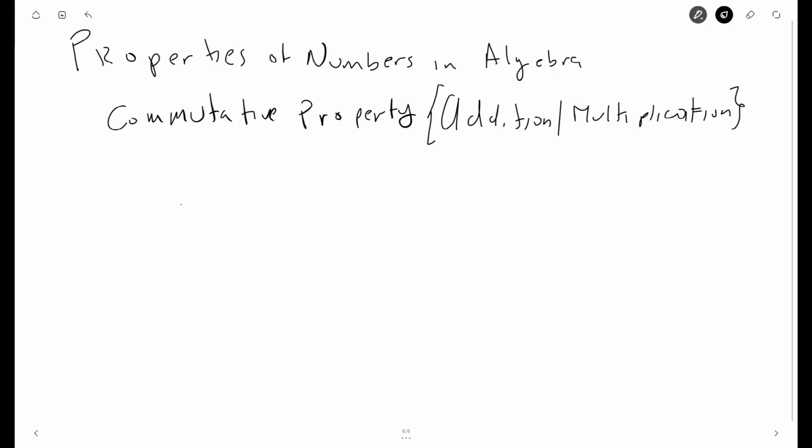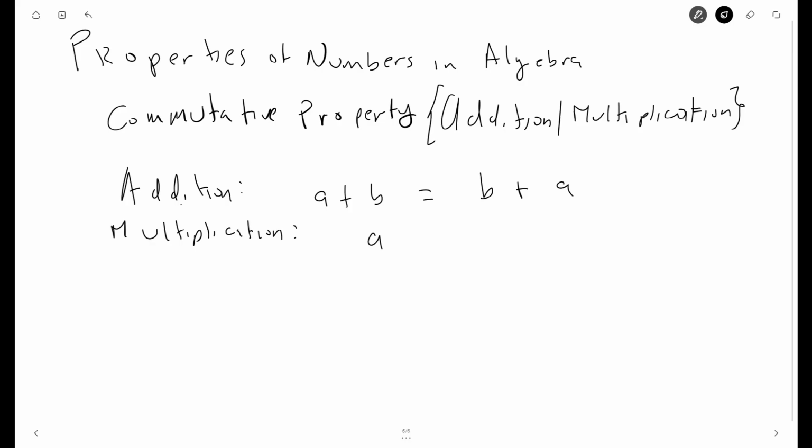It states that the order in which numbers are added or multiplied does not change the result. So for addition, a plus b is the same thing as b plus a. And for multiplication, where a and b are variables, a times b is the same thing as b times a.